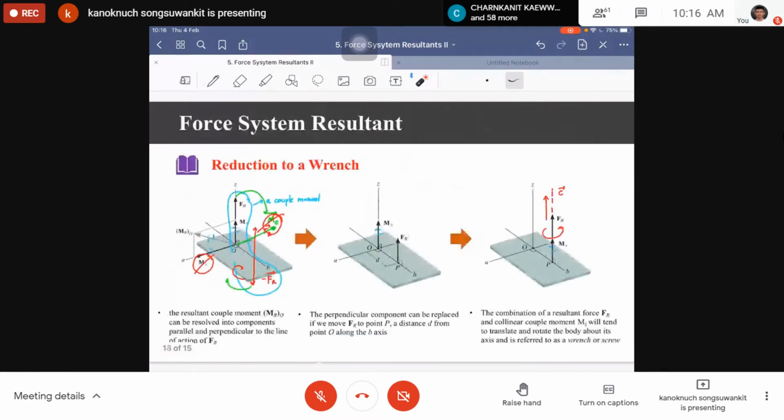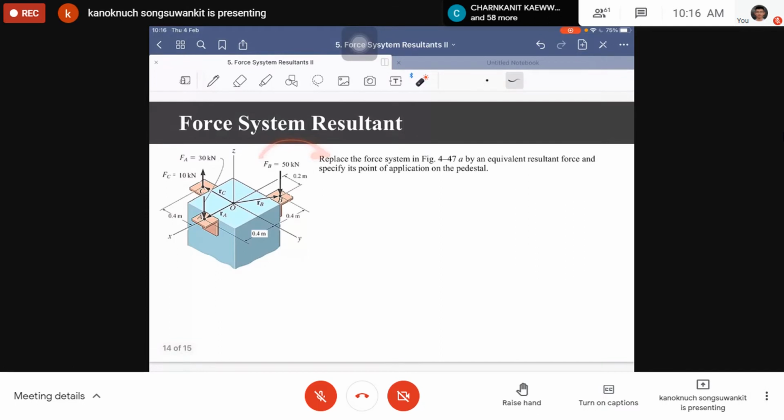Okay, so let's apply this to a question. This question asks you to replace the force system by an equivalent resultant force, and also the application point on a pedestal. So you can see that all forces that act on this system act parallel to the z-axis. Okay, so this wants you to replace all forces into one resultant force at one point.